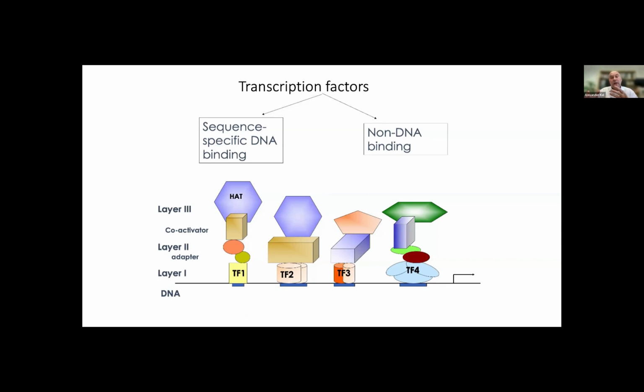But we also include other proteins which are involved in regulation, but maybe do not have this sequence-specific binding to DNA. So they're kind of adapters, or the second level, or even third level.